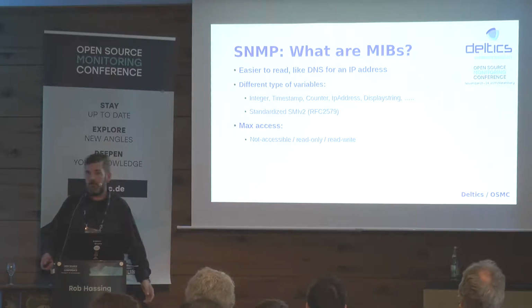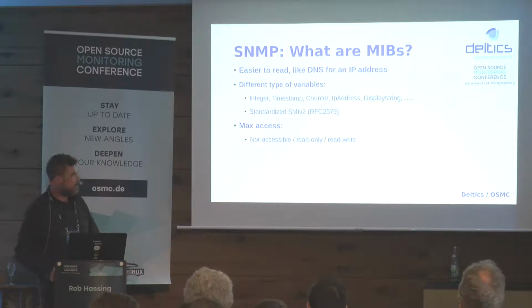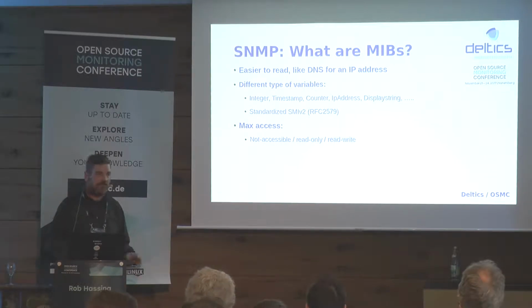A read-only example would be system uptime, because you don't want to write your own system uptime. But the system contact, of course, is a read-write thing, because you can change your system contact just by sending an SNMP set, and without logging in and changing config files, you can use SNMP to change it.